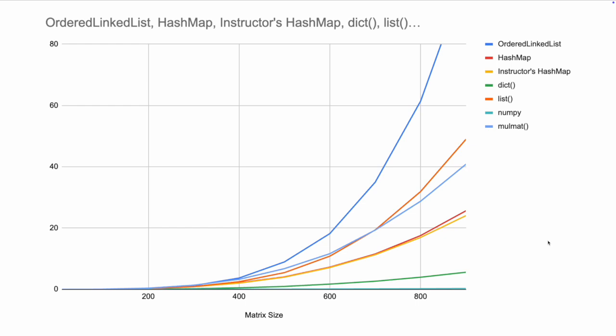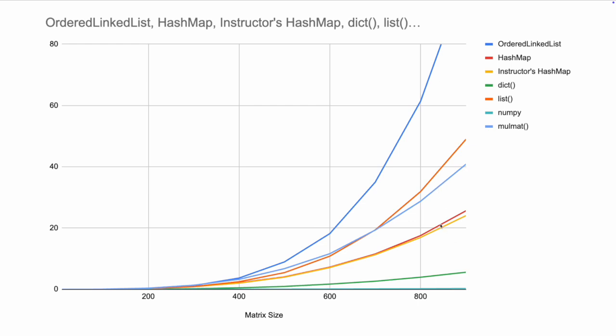Here we have a chart showing all the different sparse matrices. The slowest is ordered linked list. Next slowest is Python built-in list. And third slowest is molmat. This is actually just the normal matrix multiplication using dense matrices, and it's actually faster than both of these.